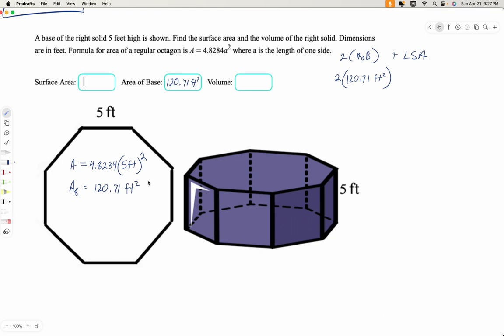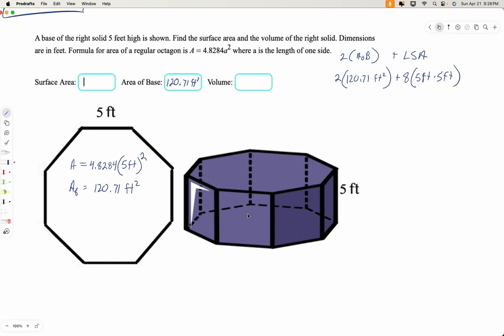Now, if this is a regular octagon, then every side has a length of 5 feet, and it says it's 5 foot tall. So every side is going to be 5 by 5, right? And in an octagon, we have 1, 2, 3, 4, 5, 6, 7, 8 sides. So the lateral surface area is going to be 8 times 5 foot times 5 foot.